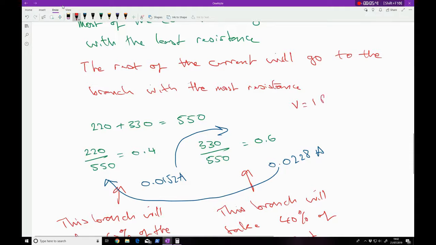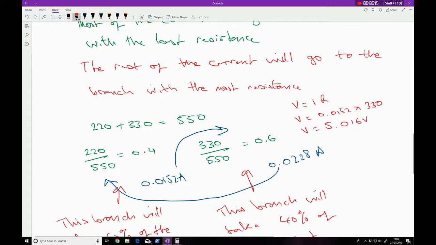And if we calculate the voltage, V equals IR, so V equals 0.0152 multiplied by 330. The voltage in the branch with the resistor that has 330 ohms is going to have a total voltage drop of about 5, so that's going to be 5.016 volts.